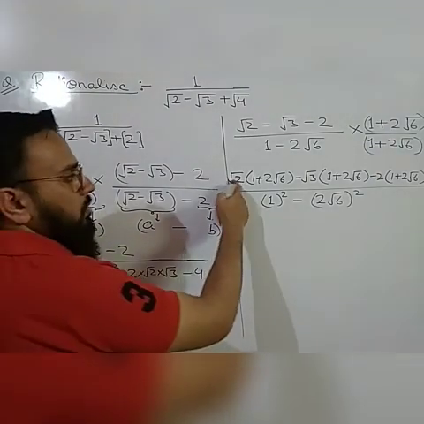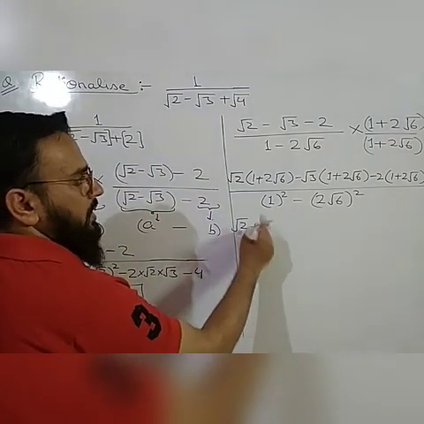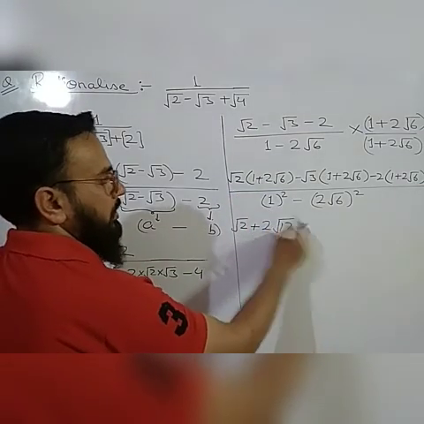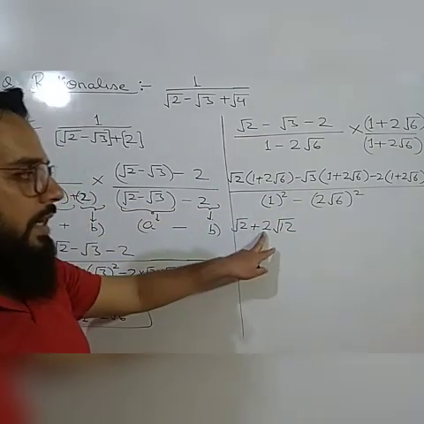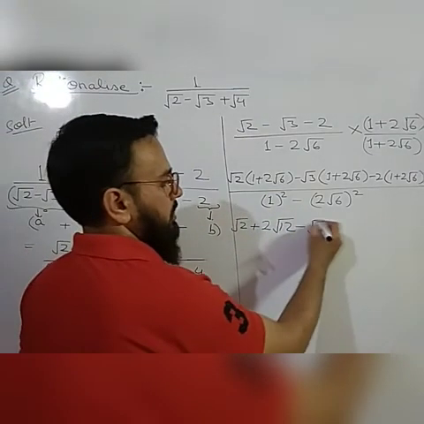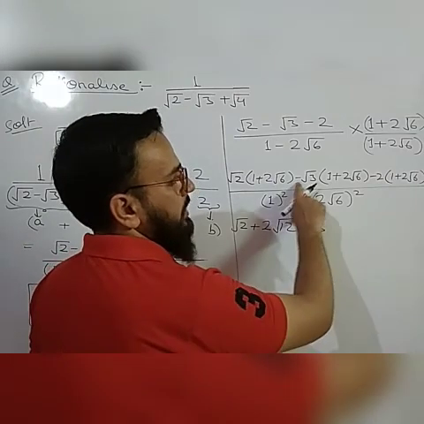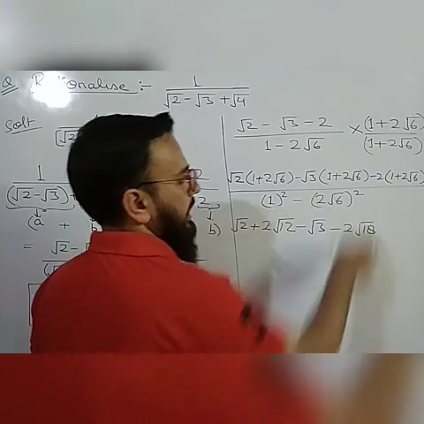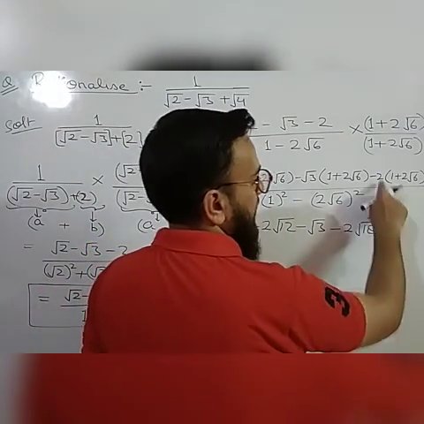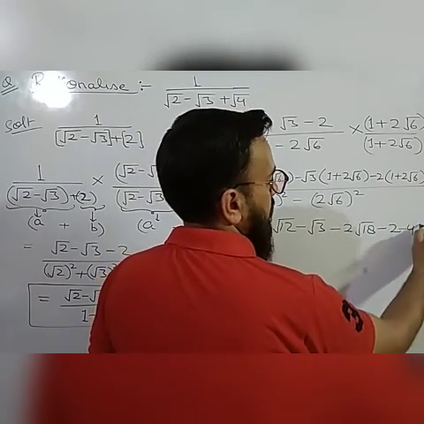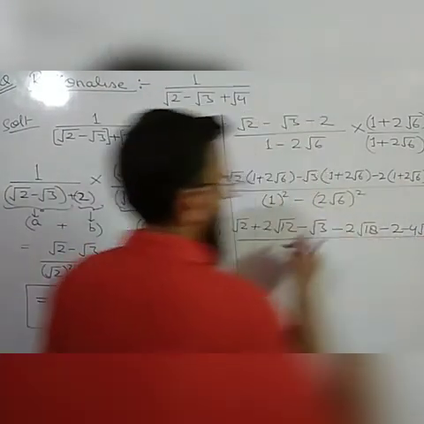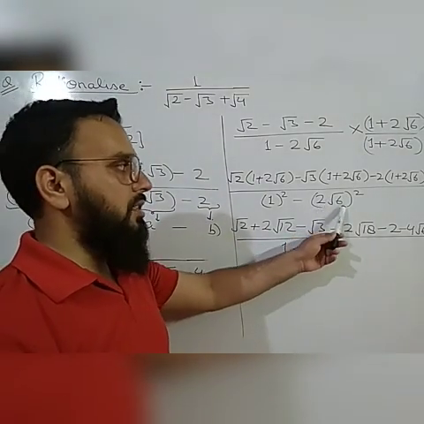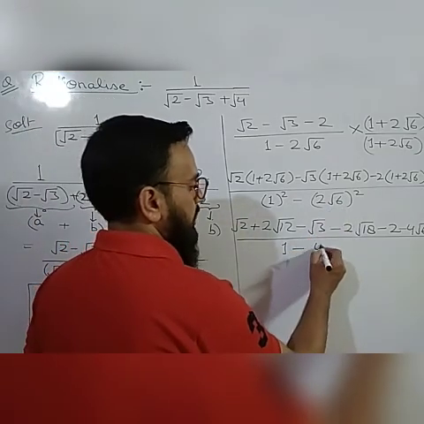Further solving, it will be root 2 plus 2 root 12, since root 2 into root 6 is root 12, and outside it is 2. Minus root 3, then minus root 3 multiplied inside gives minus 2 root 18, since 6 threes are 18. Then minus 2, and 2 twos are 4, so minus 4 root 6, upon 1 minus the square of 2 root 6. 2 square is 4 and root 6 square is 6, so it will be 4 into 6.